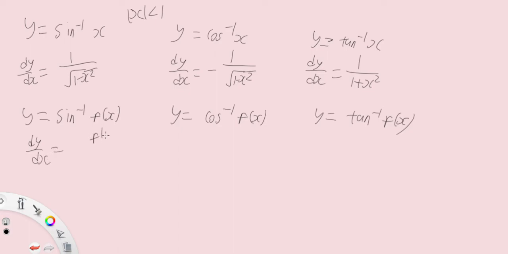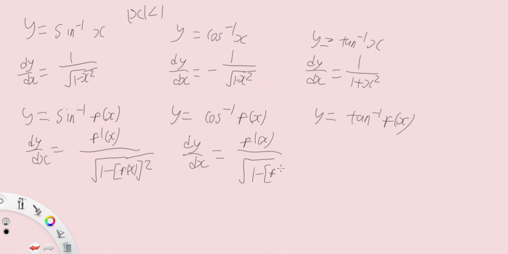So obviously f prime x over root 1 minus f(x) squared. Alright, same thing, mod of f(x) must be less than or equal to 1, dy/dx equals f prime x over root 1 minus, again, f(x) squared.